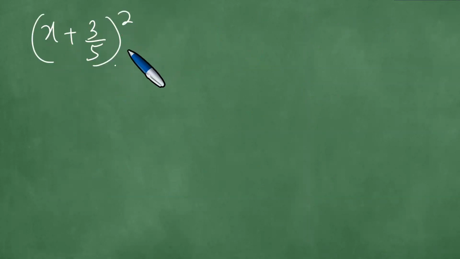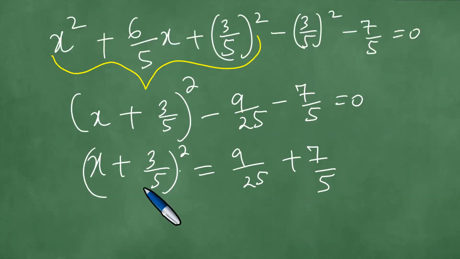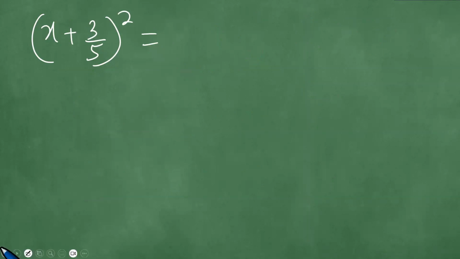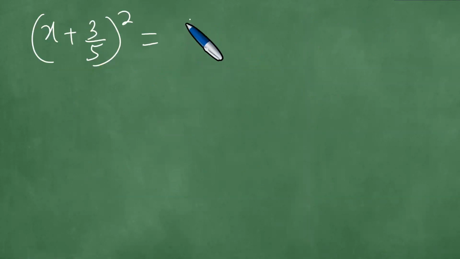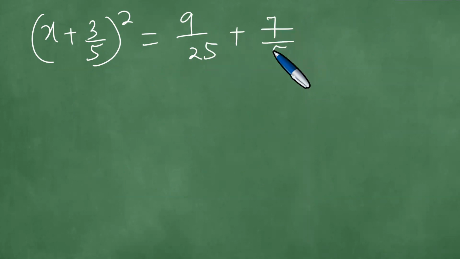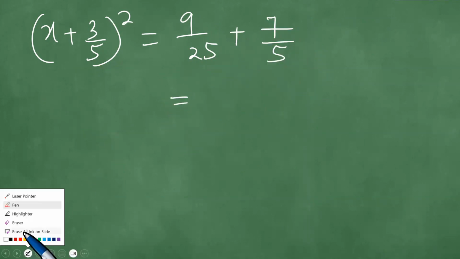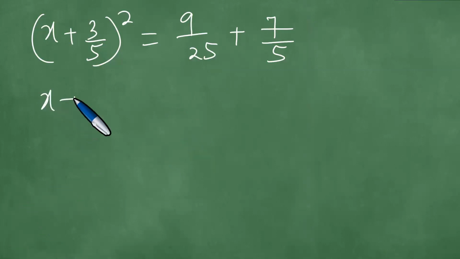So x plus 3 out of 5 is equal to 9 out of 25, did I say here? 9 out of 25 plus 7 out of 5. Let's add these things on the right. What do you get if you add these things on the right? I get negative 26 over 25.